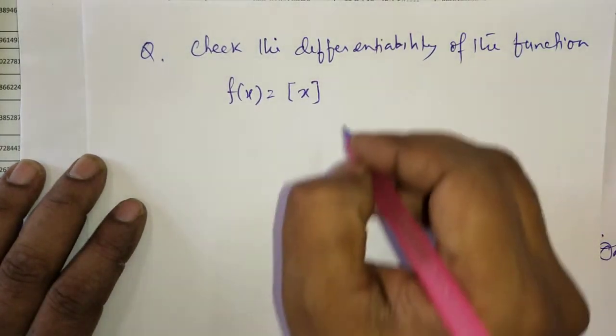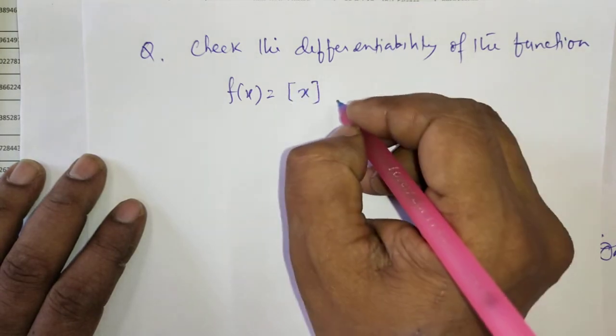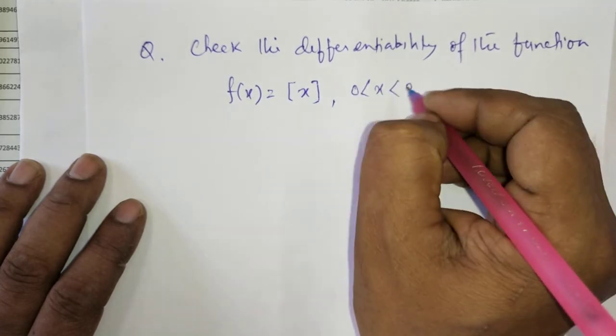Greatest integer function is what? It is the integer less than or equal to x, and which is greatest, and the domain is 0 less than x less than 3.